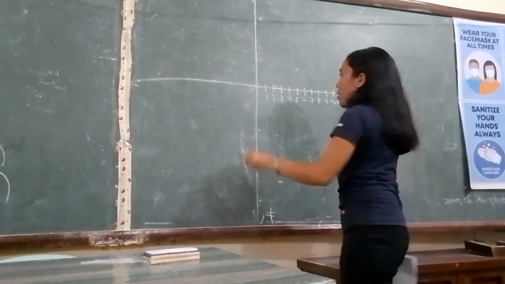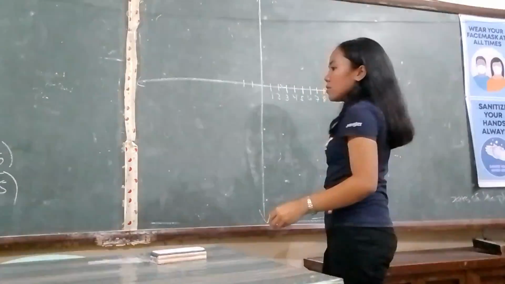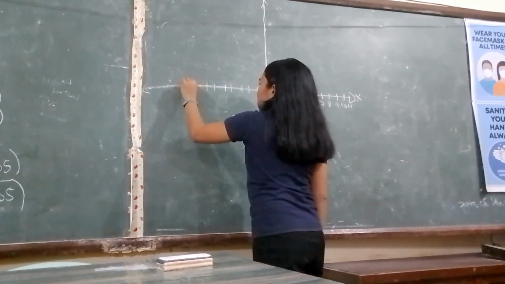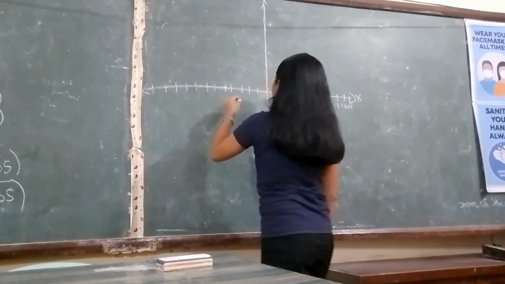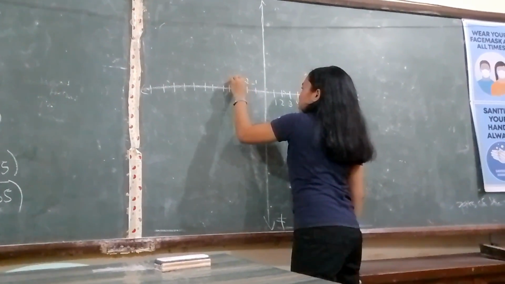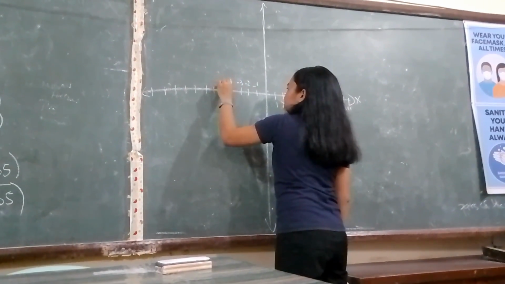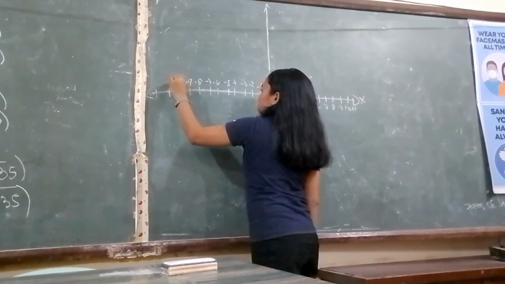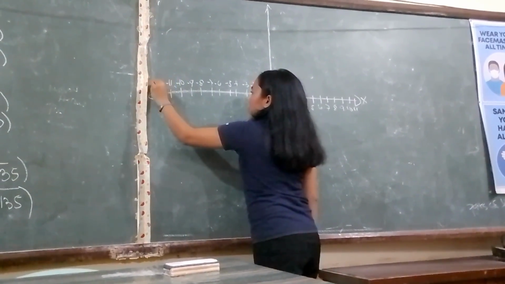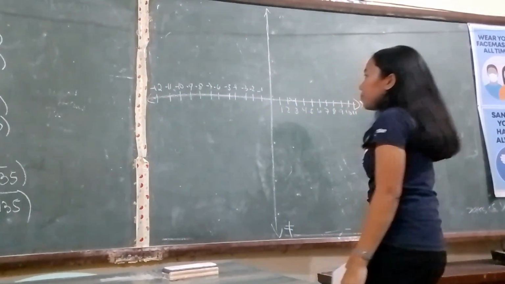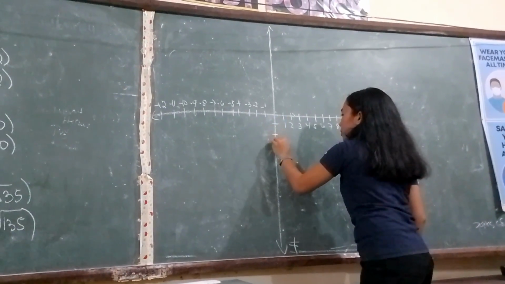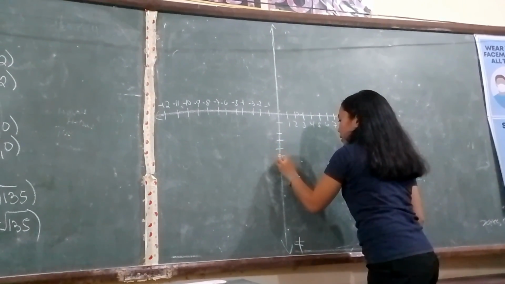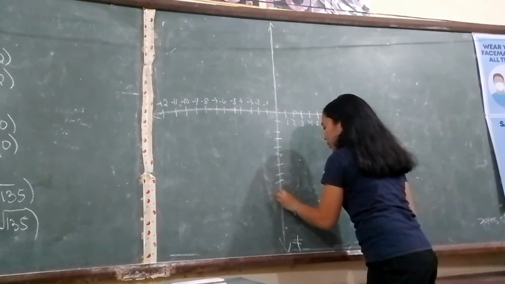We also have here 1, 2, also have here for our x-axis 1, 2, 3, 4, 5, 6, 7, 8, 9, 10, 11, 12.